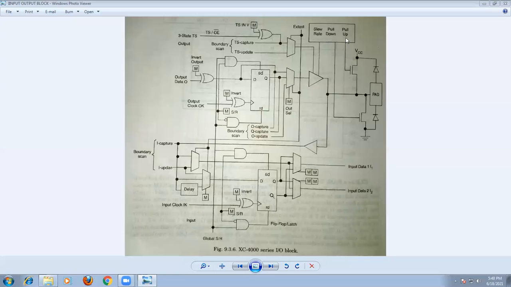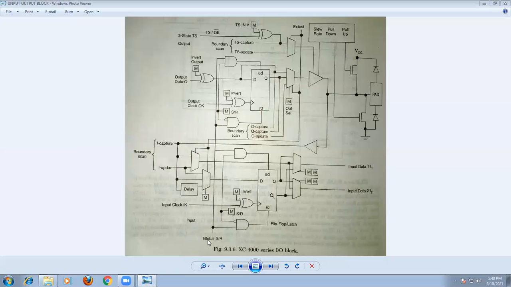Similarly, we have the pull up bit and also the pull down bit. We'll discuss them now. Not only these connections, we also have some tri-state controls in this case. Another feature is the global set and reset line, which can be programmed.